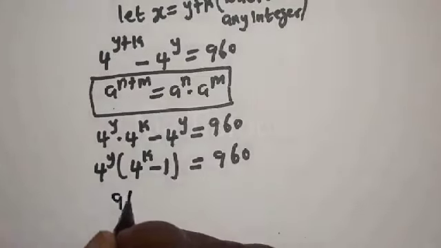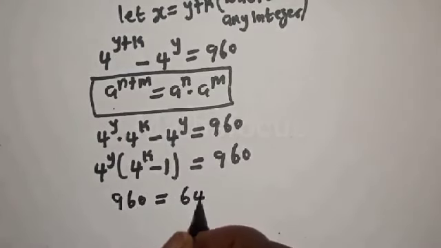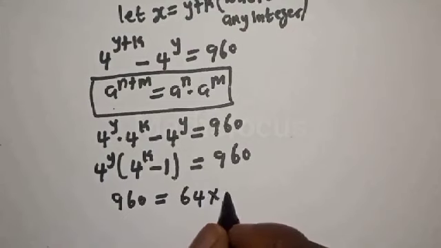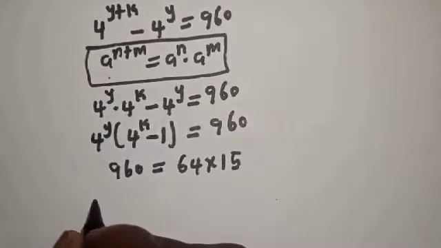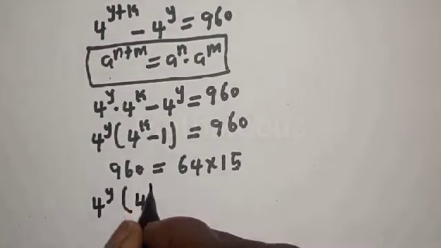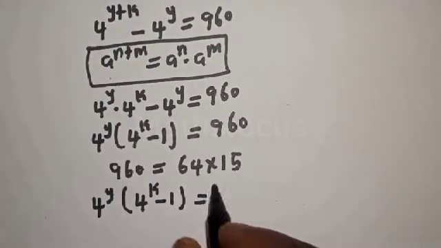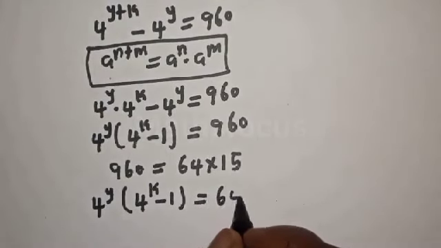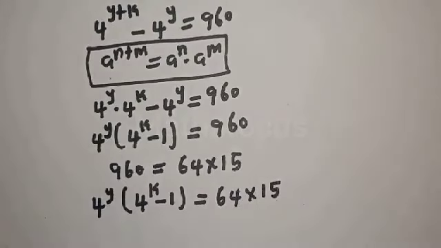960 is equal to 64 multiplied by 15. 4 raised to the power y bracket 4 raised to the power k minus 1 is equal to 64 multiplied by 15.